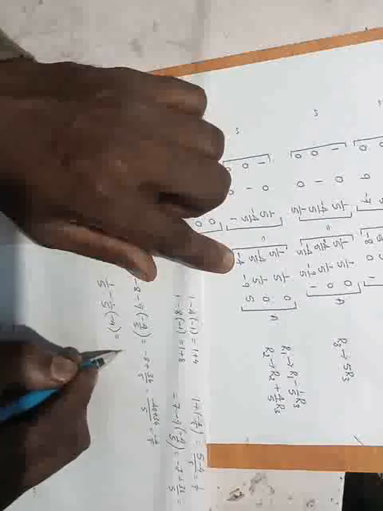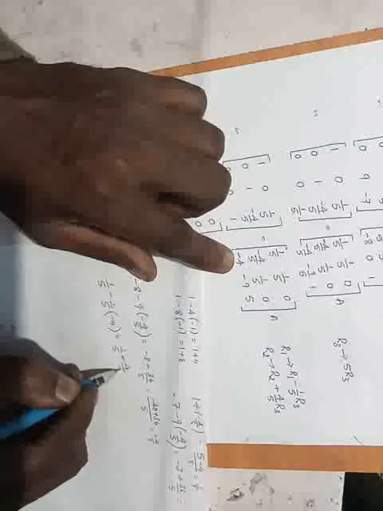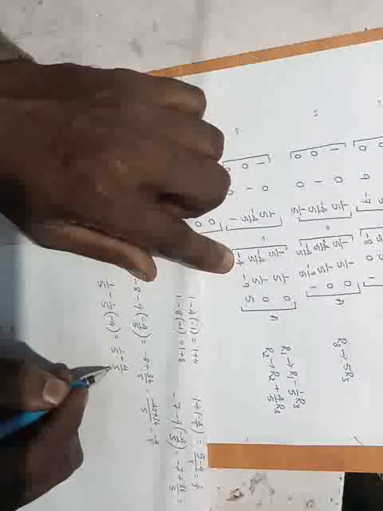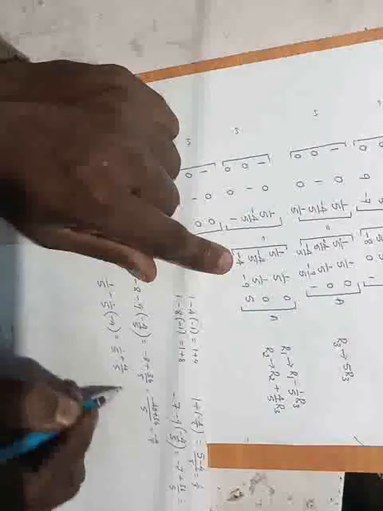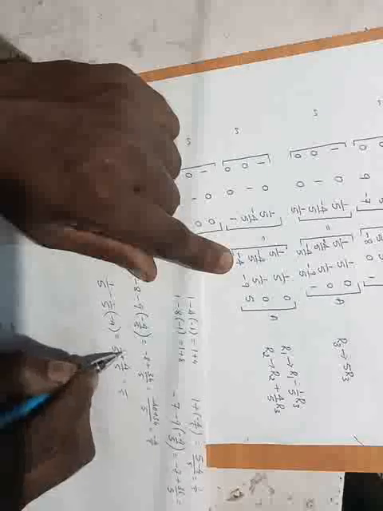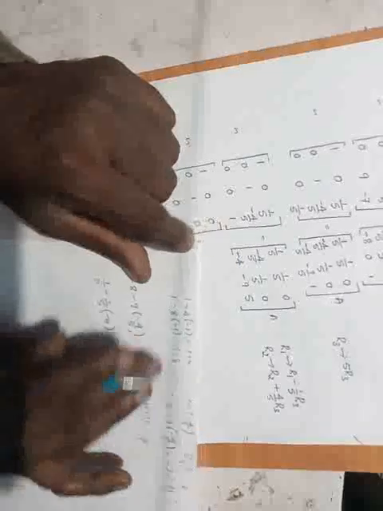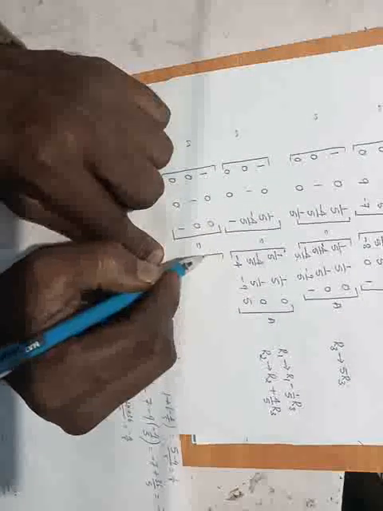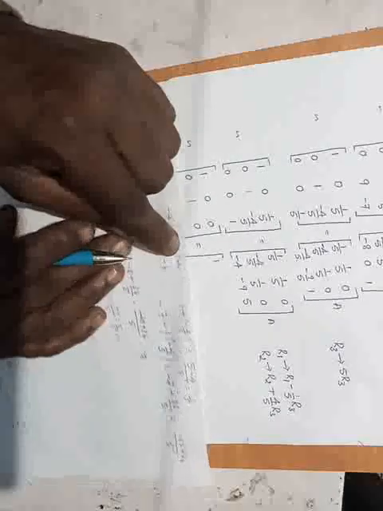So you simplify this, this is 1 by 5 minus into minus plus, it is 4 by 5. You take LCM, LCM is 5. So it is 1 plus 4, that is equal to 5 divided by 5, that is equal to 1. So therefore this element now becomes 1.